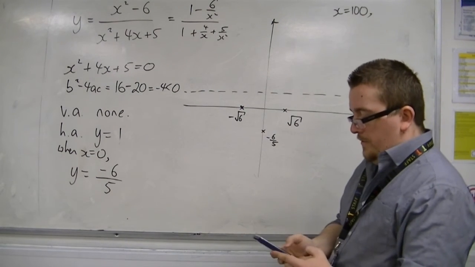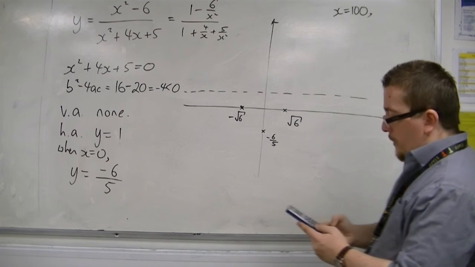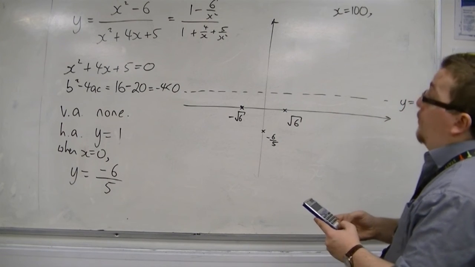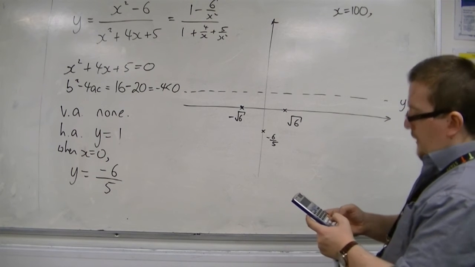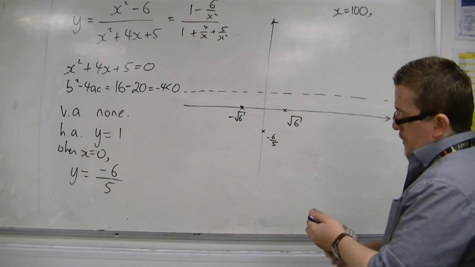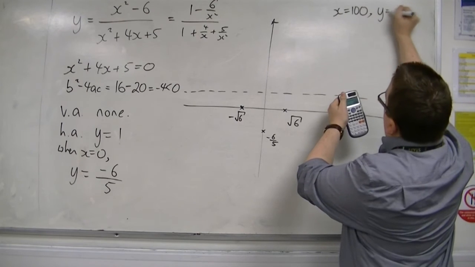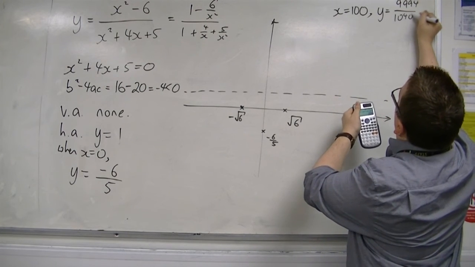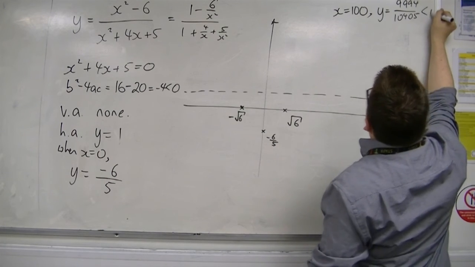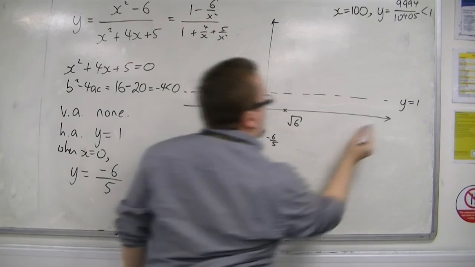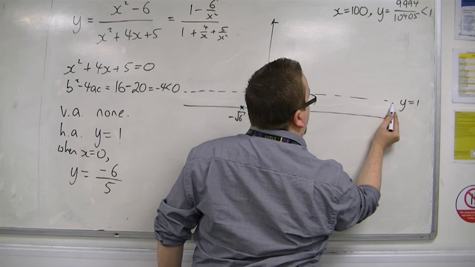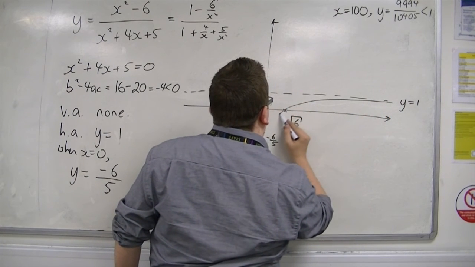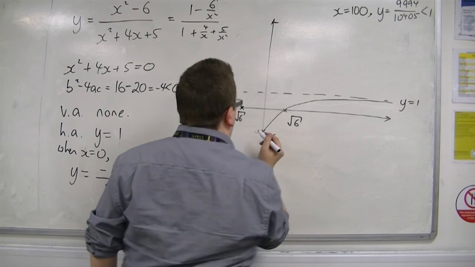We've got 100 squared, take away 6 on the top, and we've got 100 squared plus 4 lots of 100, plus 5 on the bottom. So we get y is 9994 over 10405. Okay, well that's less than 1, and so the curve does not go above y equals 1. And so I'd be expecting the curve to do something like this.